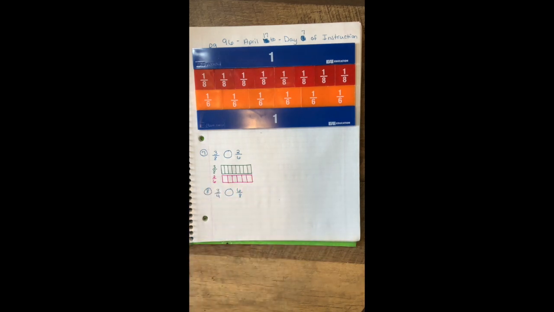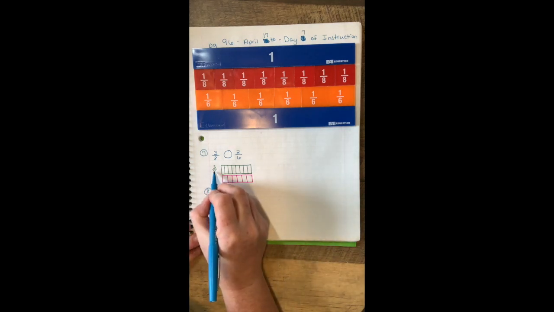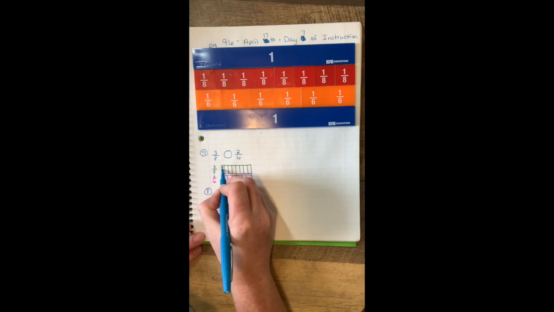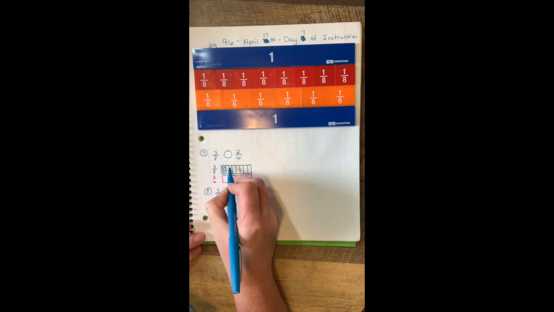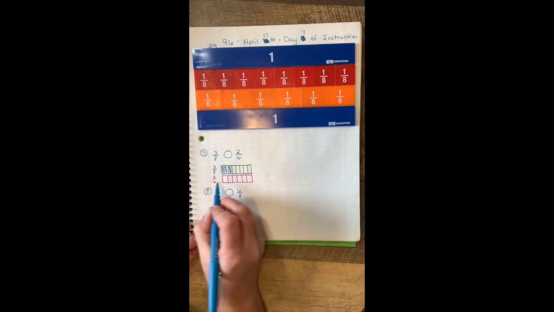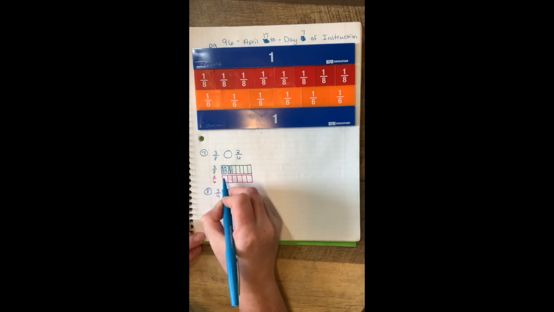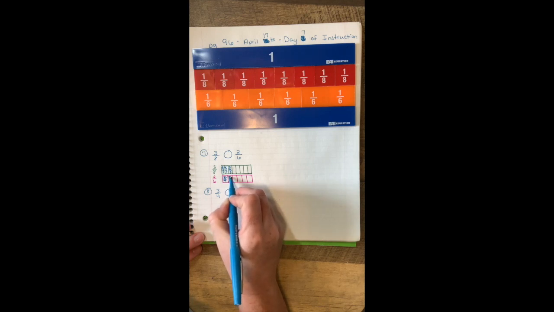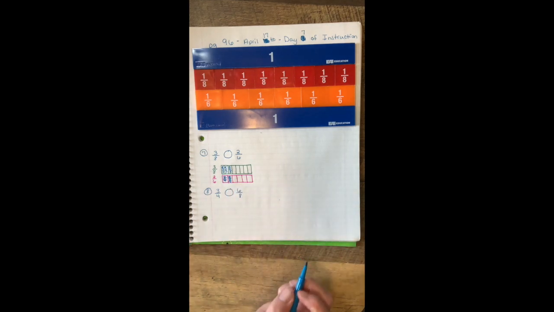All right, now my job is to shade in the fraction. So this is 3/8. I need 1, 2, 3/8, and this is 2/6. 1, 2. Ooh, super close.